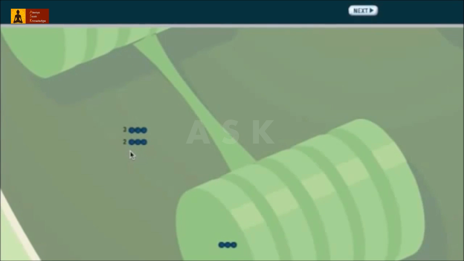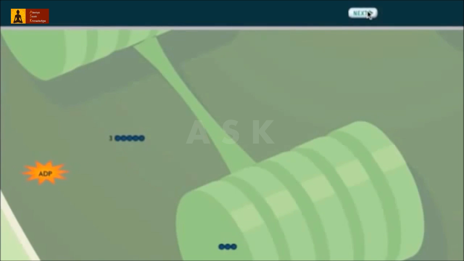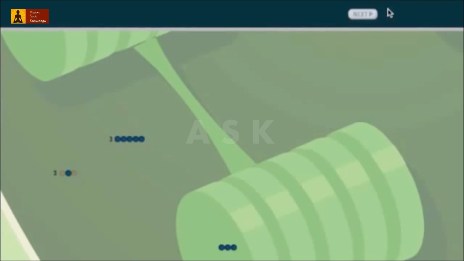Now energy is added, as I said. High-energy 3-carbon molecules exit, and 3-carbon molecules then enter. 5-carbon molecules are reformed by energy from ATP.